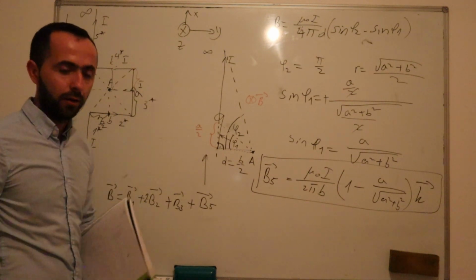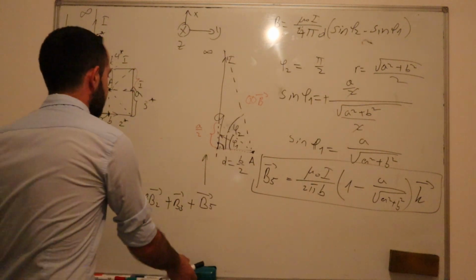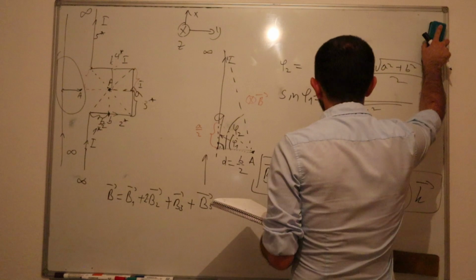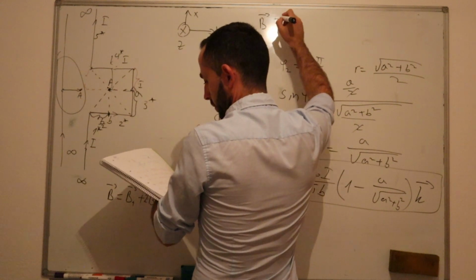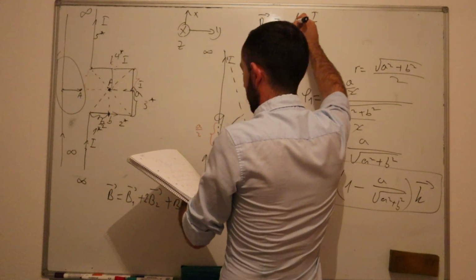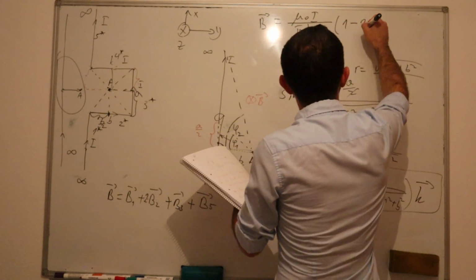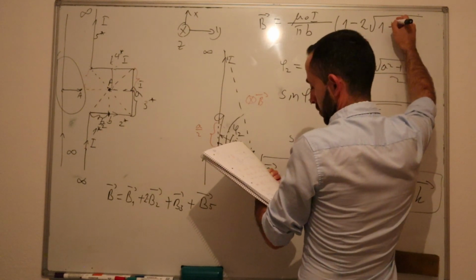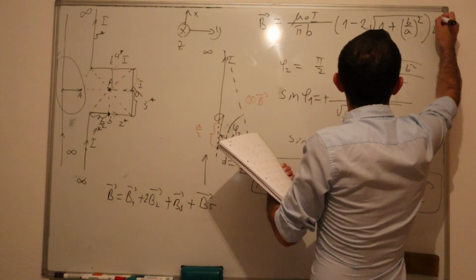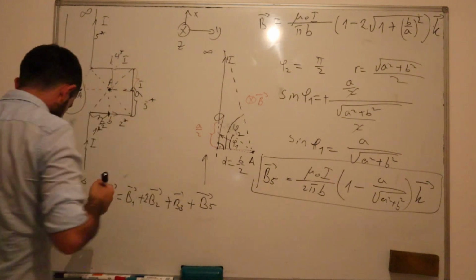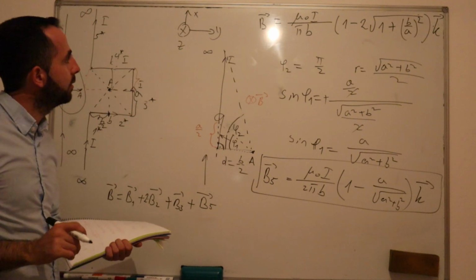We have calculated all of them, so the end result will be written here: B resultant is equal to this, in the k direction, and the unit is Tesla. Please remember that.